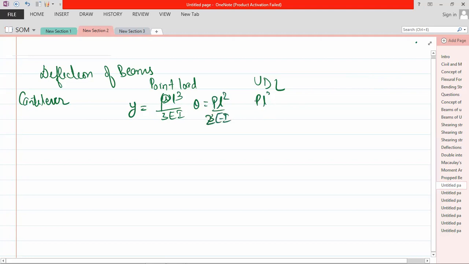For UDL, the Y value is WL power 4 upon 8EI, and theta is WL cube upon 6EI. So you need to remember these things for cantilever.